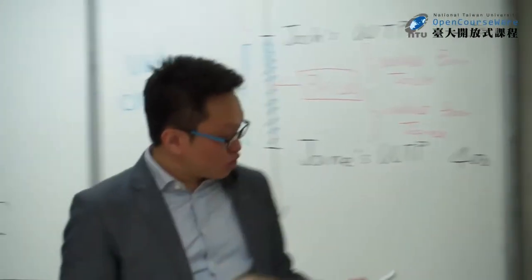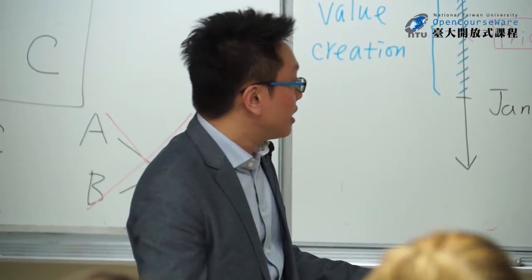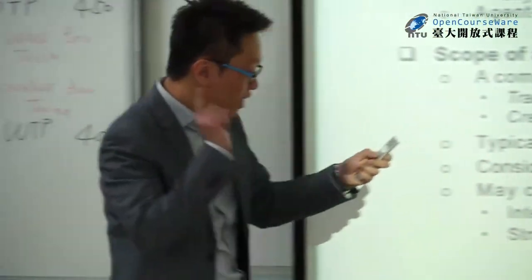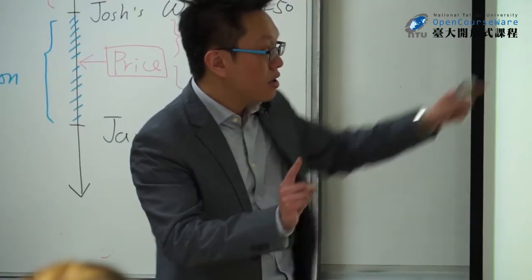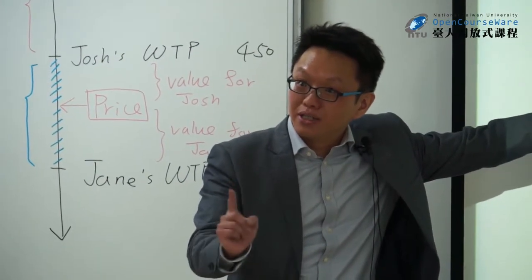If you have a chance to go to a business school class for business model innovation, actually they teach you the product price orientation. That means they only focus on this. I'll say it slower.